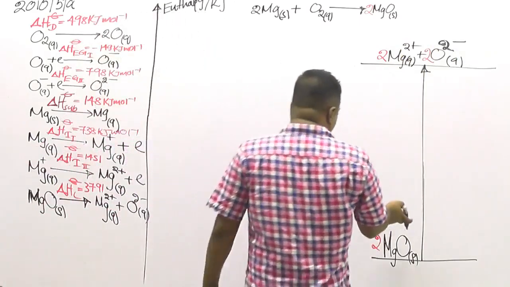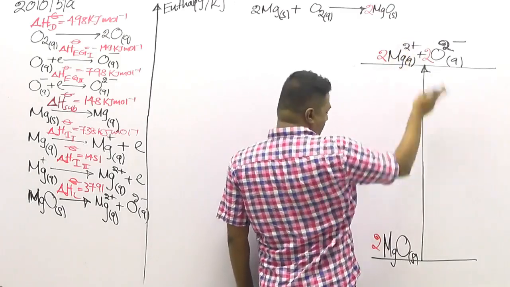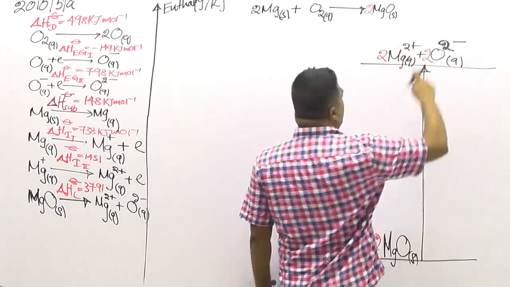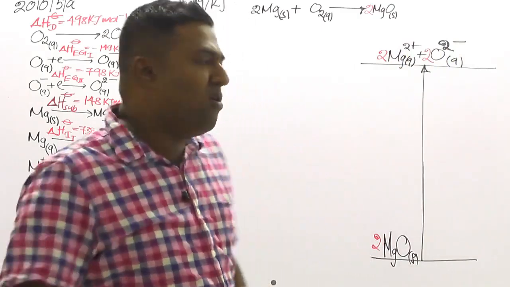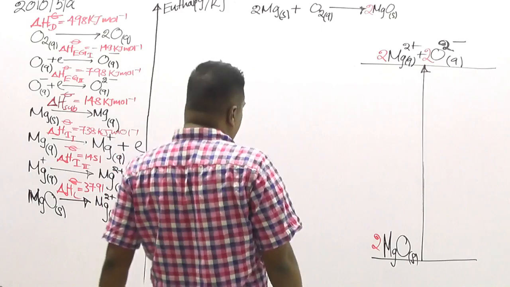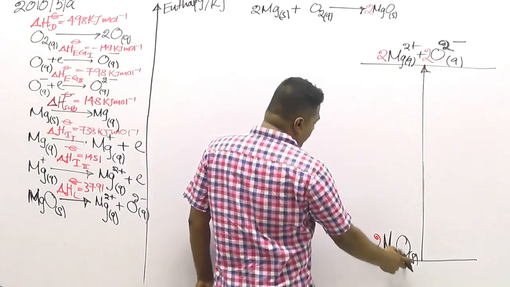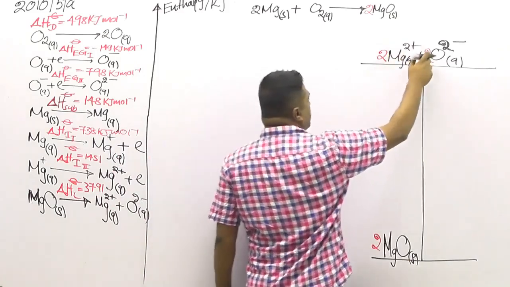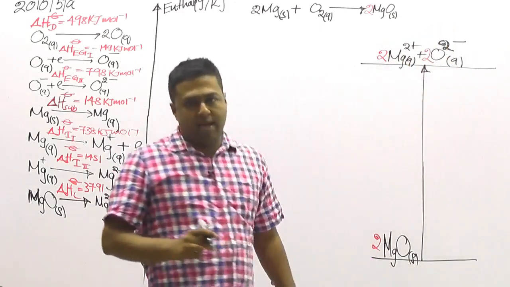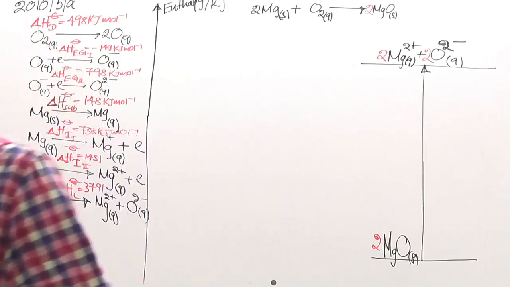To produce 2 moles of MgO, you need 2 moles of Mg2+ and 2 moles of O2-.